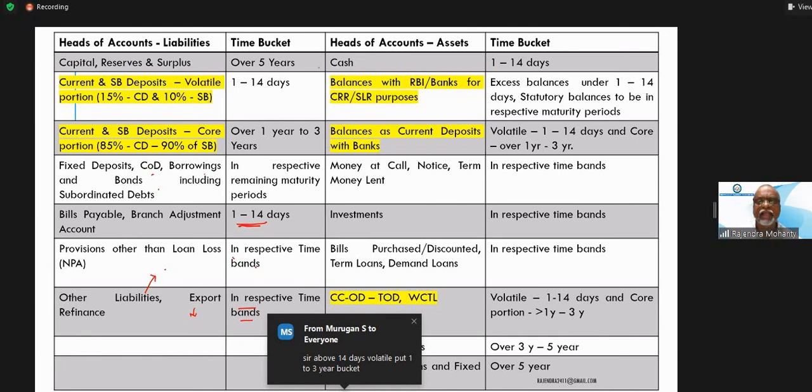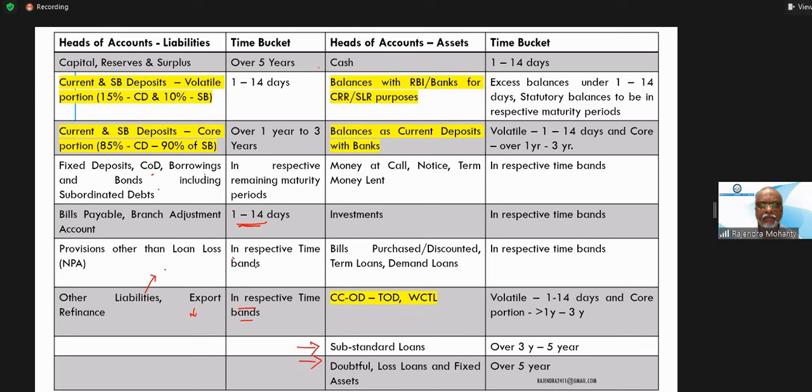Okay. Next is cash. Cash is also volatile, it is withdrawable. Murugan, volatile is withdrawable, so you have to put it into the 1 to 14 days period. Stable are the deposits which should be put under 1 to 3 years.